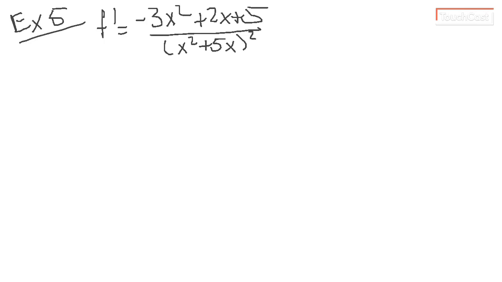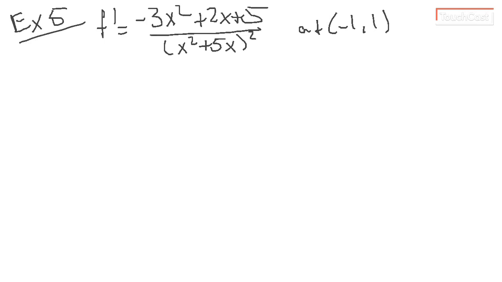So if we want to find the actual slope at the point negative 1, 1, we're going to plug in negative 1. Figure out what we get from that. We know the tangent line is going to pass through that point, though that point is not on our original function.